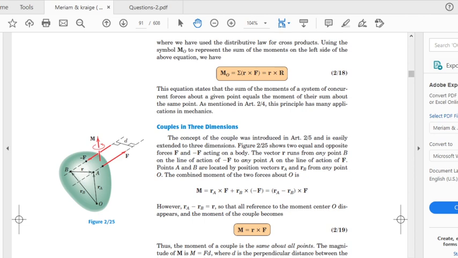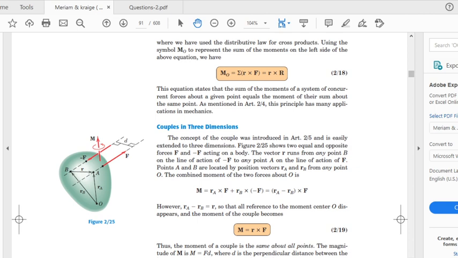In this case, point A is on the force plus F, point B is on the force minus F, and he has taken r bar directed from point B to point A. Remember, the position vector r bar is always directed towards the force.